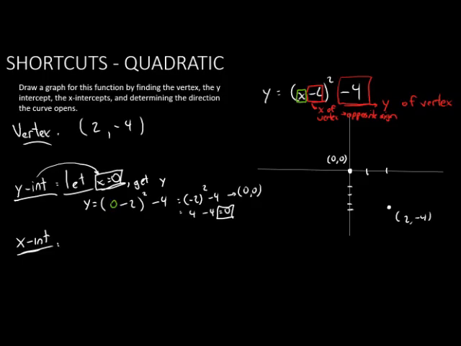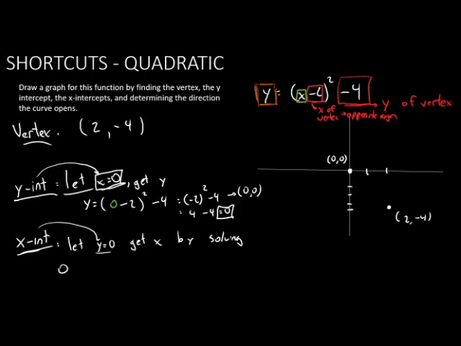Now for the x-intercept, we do the opposite. Now, rather than letting x equal 0, we'll let y equal 0. Anytime we find the x-intercepts, that's what that means. Let y become 0, and we'll get x by solving. So now we're going to let x stay a letter, and instead let y become 0.